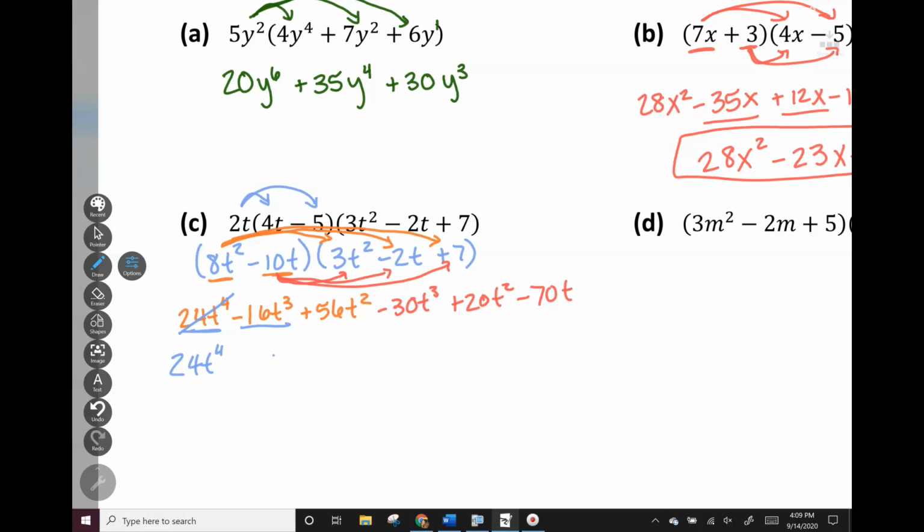Now looking at t cubed, I've got that and that I can combine. That gives me minus 46t cubed. Then I've got my t squares. That gives me plus 76t squared. And I'm left with minus 70t.